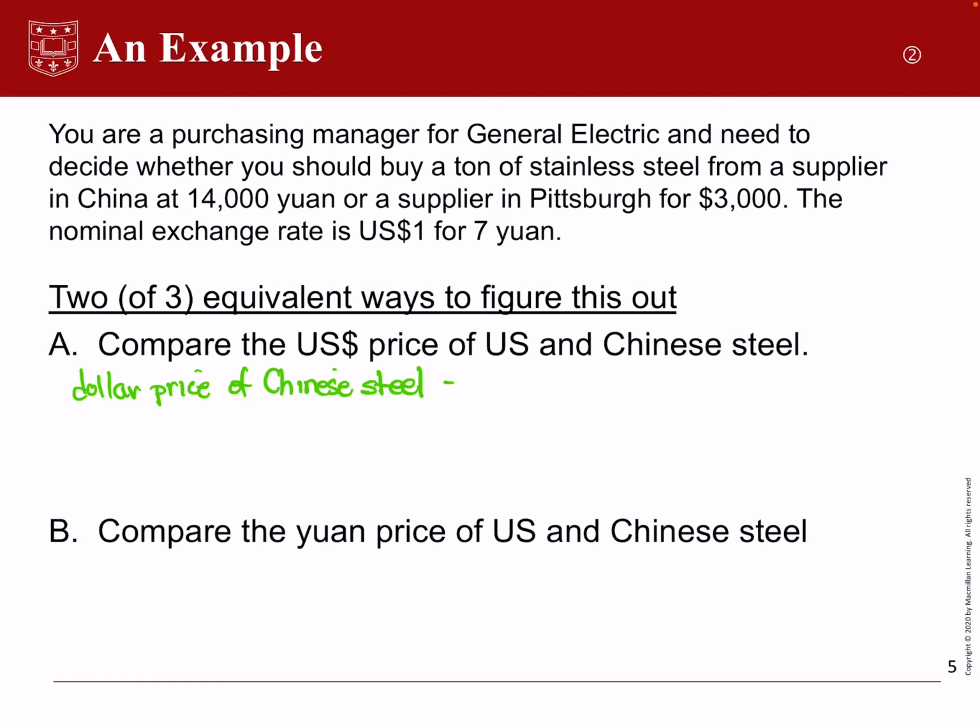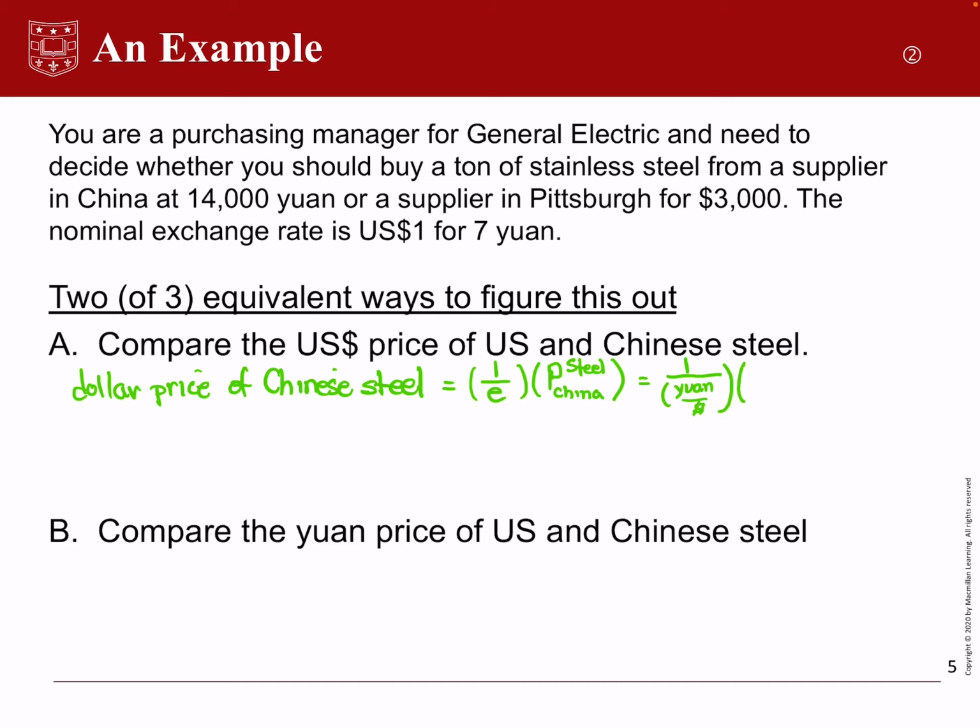What we would do is recognize that this is going to be equal to 1 over the nominal exchange rate times the price of steel in China. So again, just to be clear, this is going to be 1 over what? This is going to be yuan per dollar.